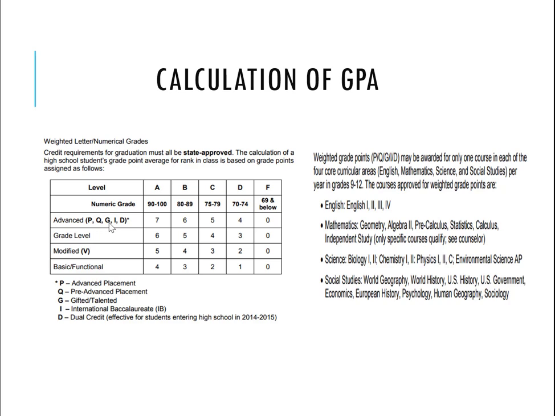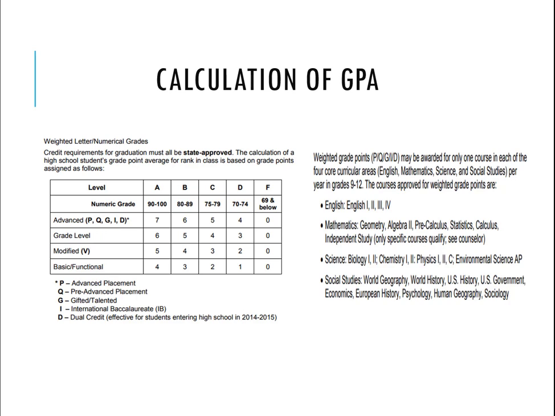So if they take 2 AP courses in the same year, only one of those courses will receive a weighted GPA point. AP Spanish, AP Art, AP French, AP Art History, those courses do not qualify for the GPA course bump.